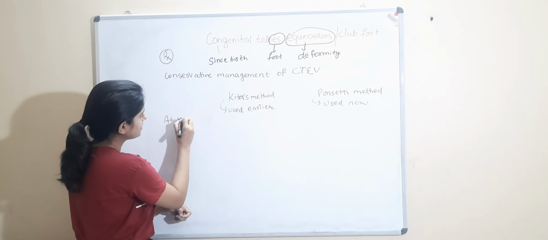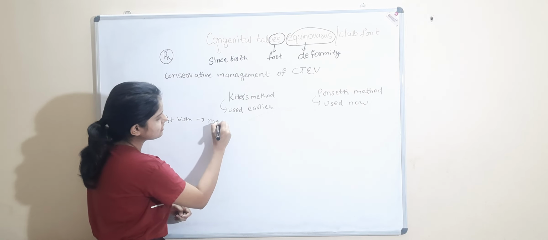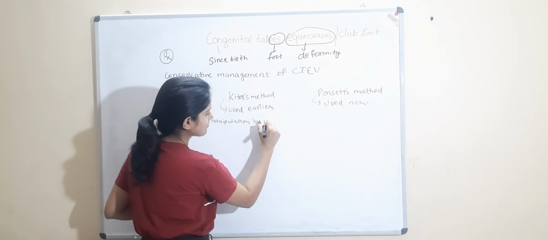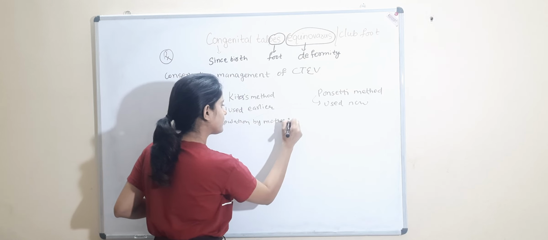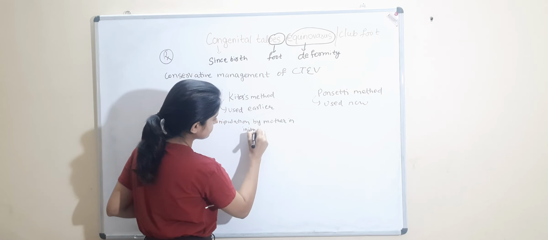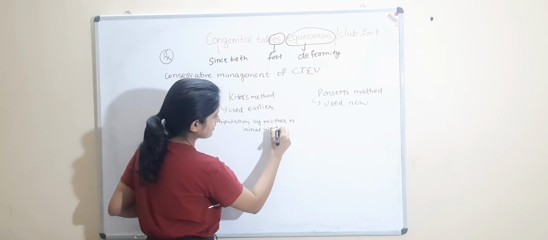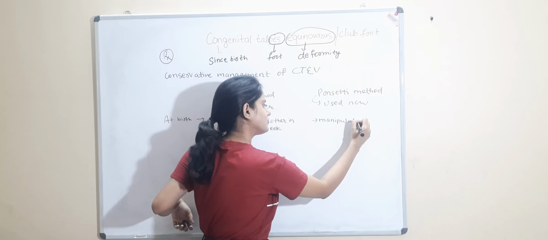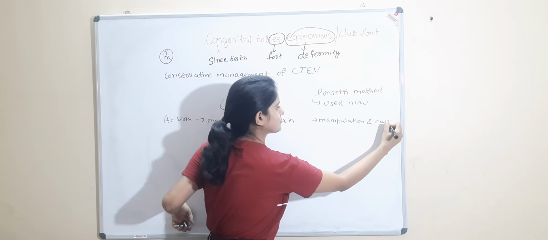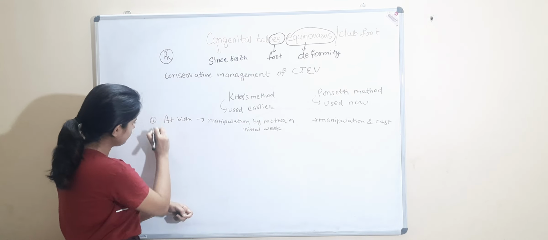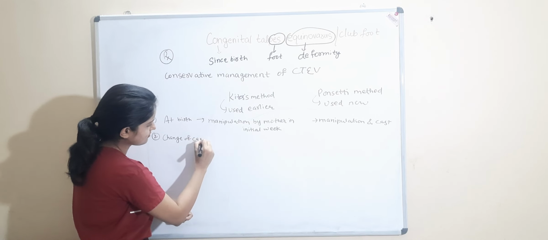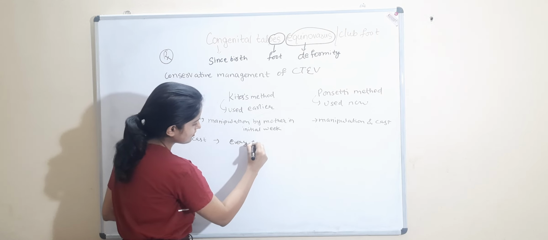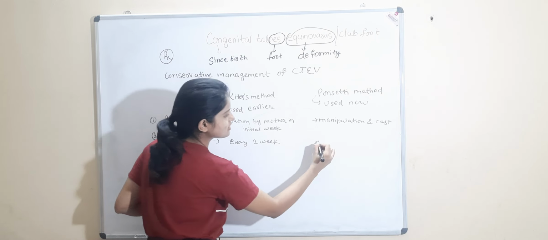At birth, in Kite's method, there is manipulation by mother in initial weeks. In this, manipulation and cast by surgeon. Change of cast every 2 weeks. In this, change of cast is weekly.